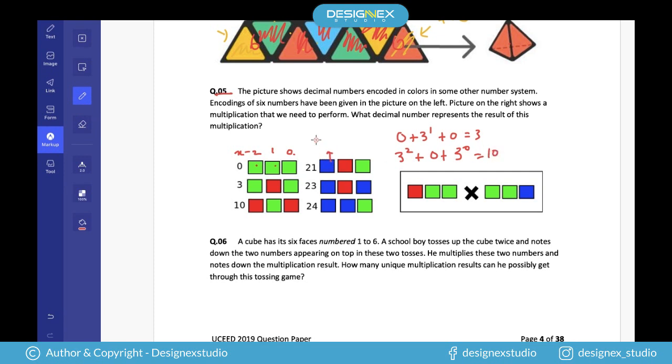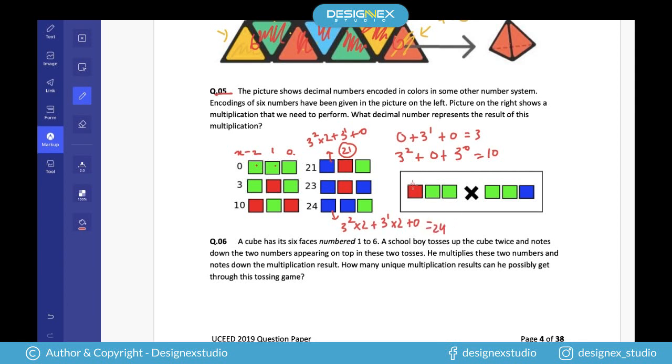Similarly here, this would be 3 to the power 2 into 2 plus 3 to the power 1 plus 0. That is 9 into 2, 18 plus 3, 21. Similarly here, this one would be 3 to the power 2 into 2 plus 3 to the power 1 into 2 plus 0. So that is 18 plus 6, that is 24.